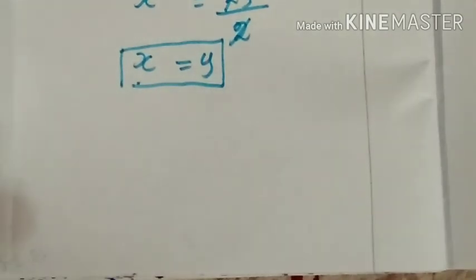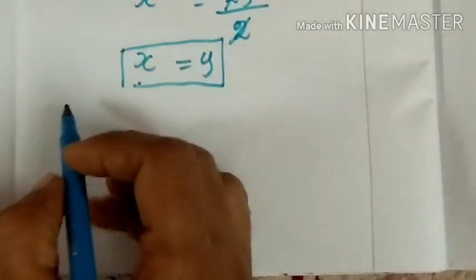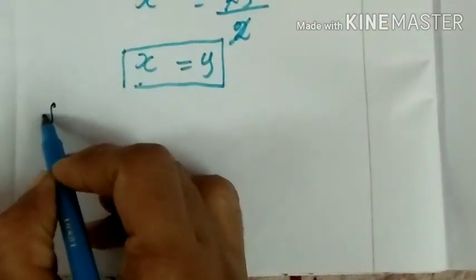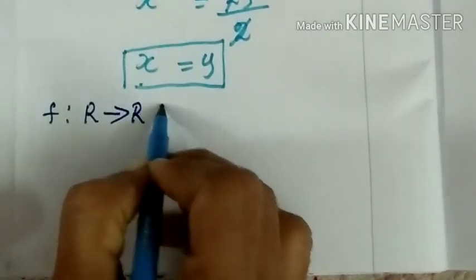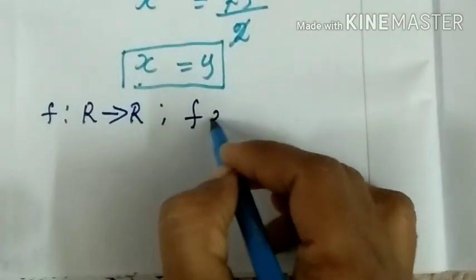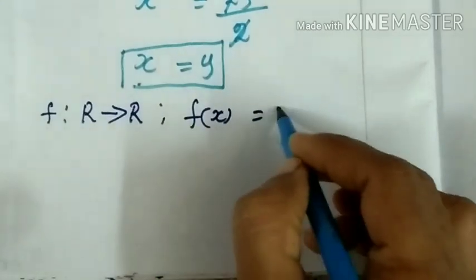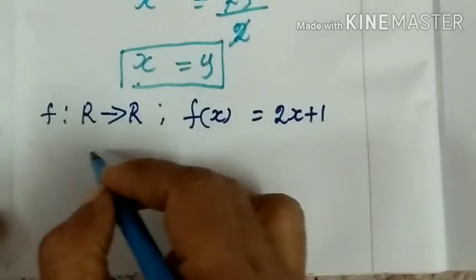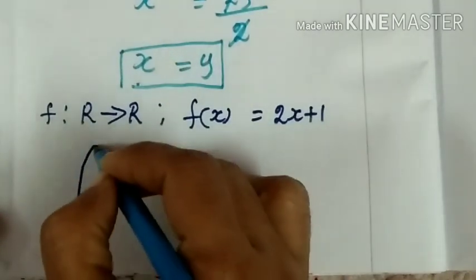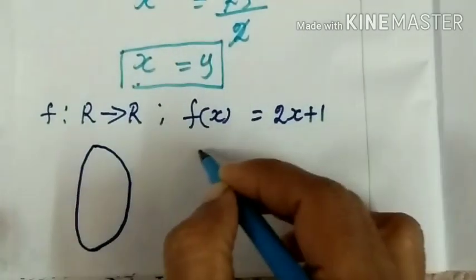For better understanding, I explain this by using an arrow diagram also. So, given that the function is from real to real, it is defined as f of x equal to 2x plus 1, using an arrow diagram.